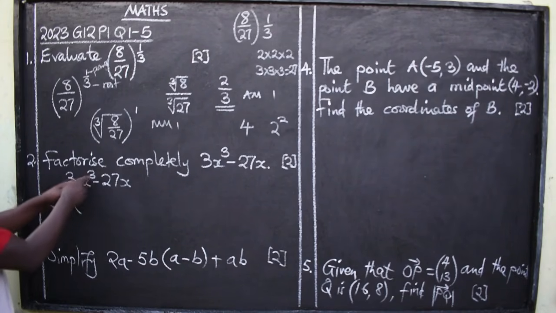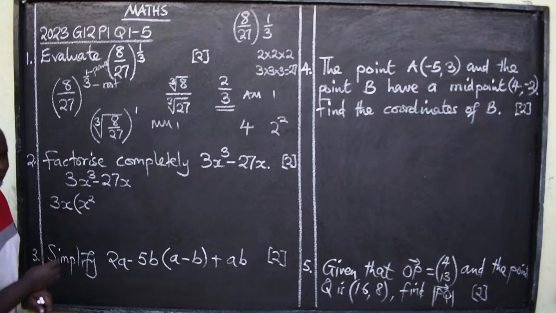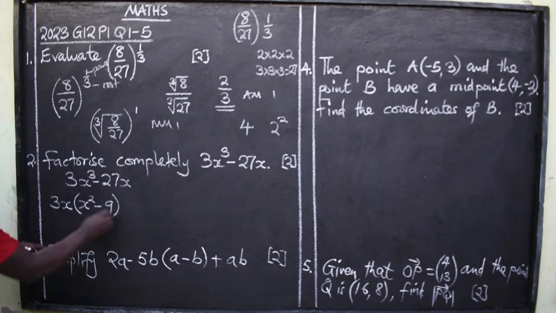X in x to the power 3. There are 3 x's here. Only 1 here. So how many times can it go? You are going to find that x squared will remain. Minus 3 into 27 is 9. This x has been used.